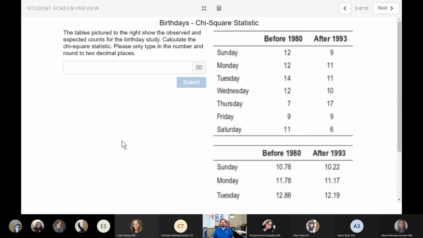We have tables pictured to the right here. We have observed at the top there and expected for the bottom. Please note that the expected counts provided here are from the textbook, as this is an example from the textbook. And somehow their expected counts are not what they should have been calculated to be in some of the rows.